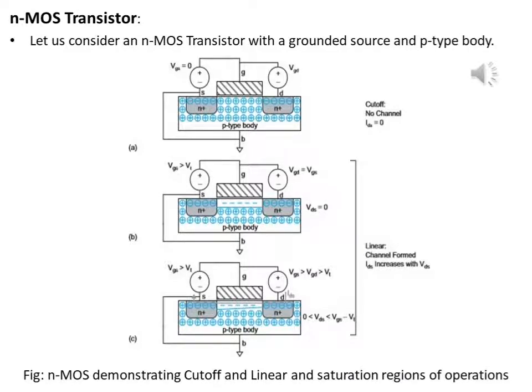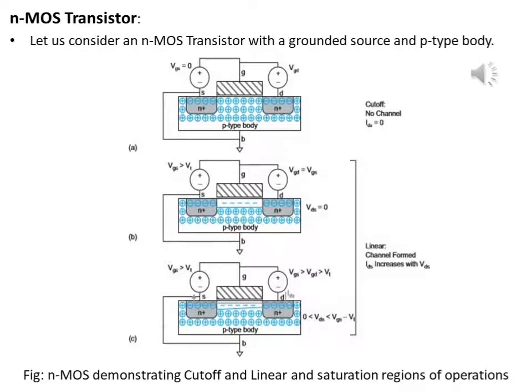Here the potential difference between drain and source is VDS, which is equal to VGS minus VGD. Suppose we maintain the drain to source voltage VDS as 0, then we get VGS equal to VGD.